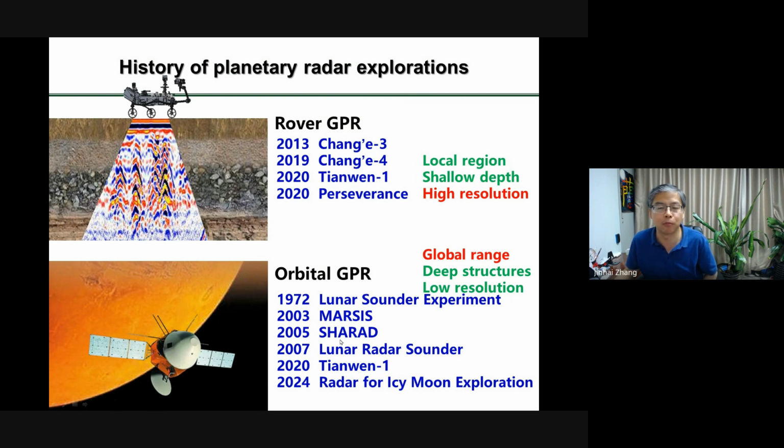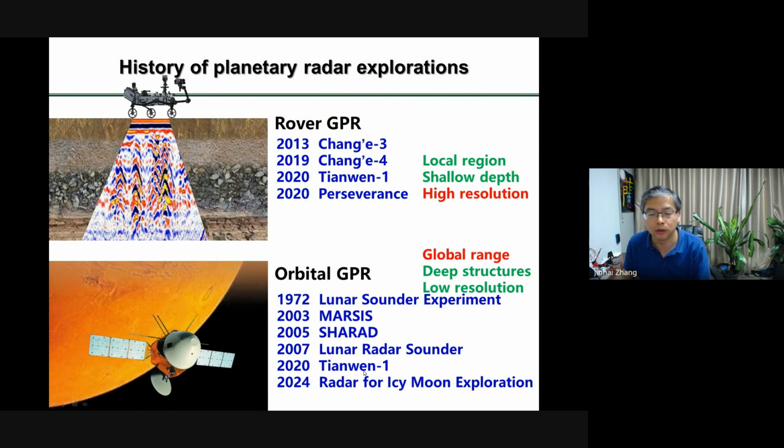It's far lower than that of the rover GPR, because the low frequency radar can propagate far away on orbit on the satellites, and its attenuation is also much weaker than the high frequency radar wave.